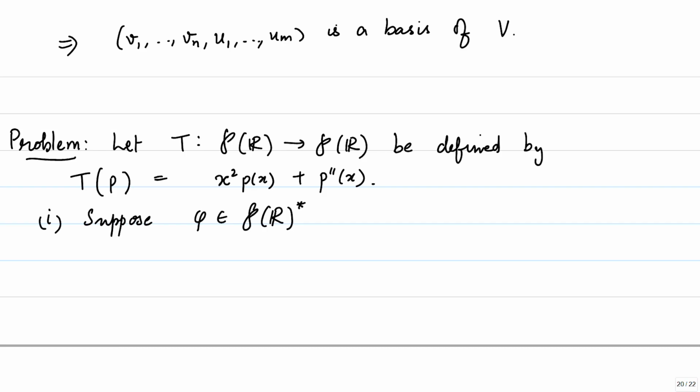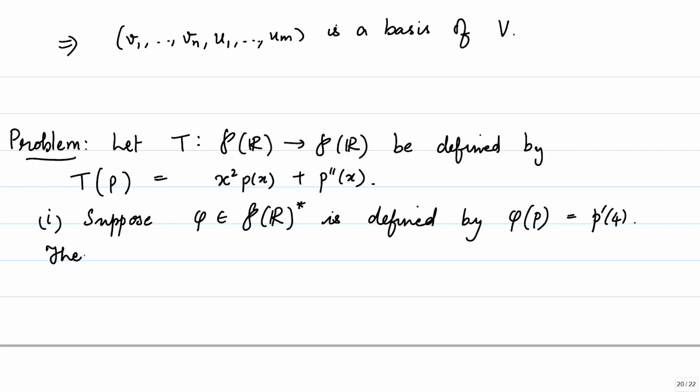So let's pick one element phi which is in P of R star, defined by phi of p is equal to, let's say, p prime of 4.